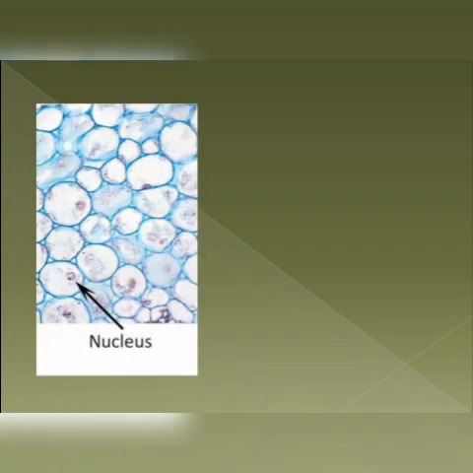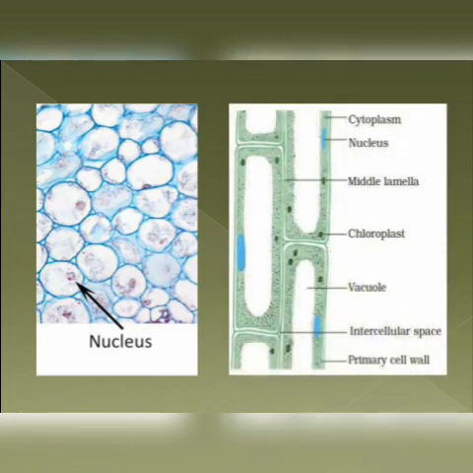Next, as you can see the structure here, these are also parenchyma cells, in which it shows the clear structure of the nucleus. In this picture, we can see a longitudinal section of parenchyma cells.